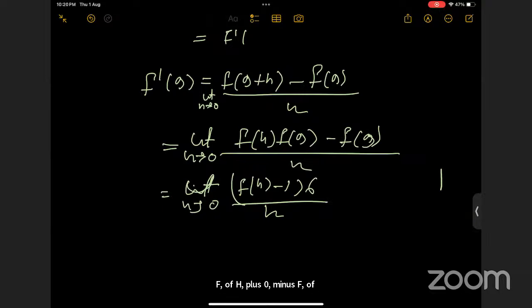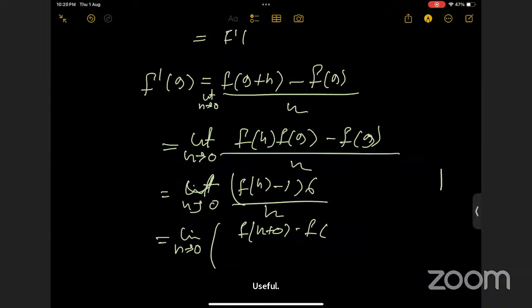No, ma'am. Just write f of h plus 0 minus f of 0. I was saying something else. Okay, I got your point. f of h plus 0 minus f of 0, because 1 equals f of 0.